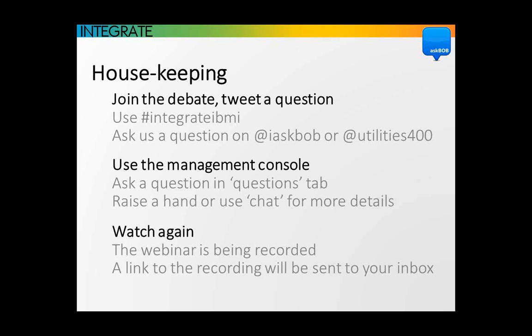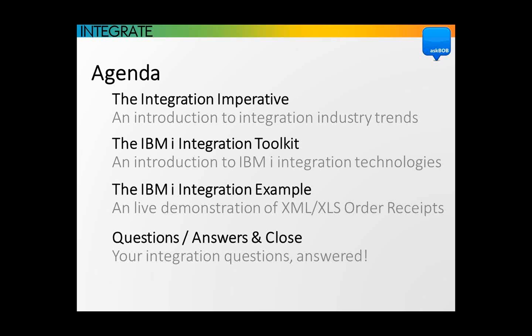That's it for housekeeping, so pour yourself a coffee, pull up a chair and grab the popcorn as we're about to begin. In the next 30 minutes, we'll take you through the common IBM I integration problems and offer some solutions, some free, some premium. I'll kick off by introducing integration trends for the year ahead and set the scene for the problems and difficulties the modern IBM I IT manager or CIO may face.